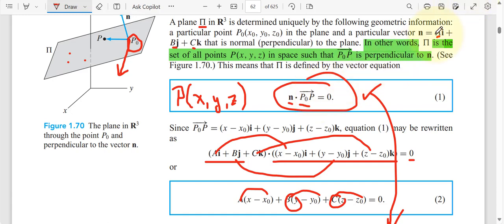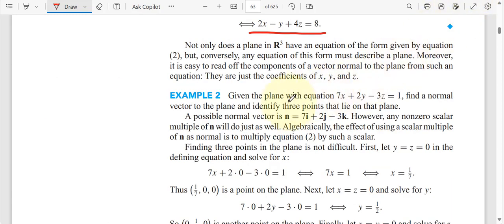But this is the vector form of it. Okay, now it's a different question. They give you the equation for the plane, and they want you to find a normal vector to the plane, and also identify points that lie on the plane.